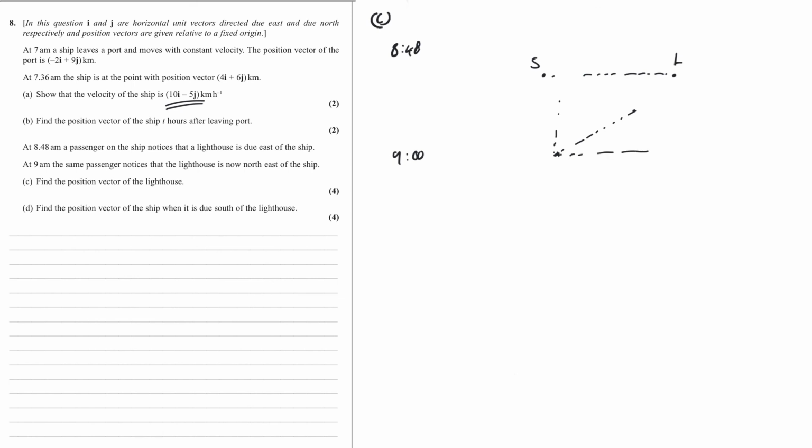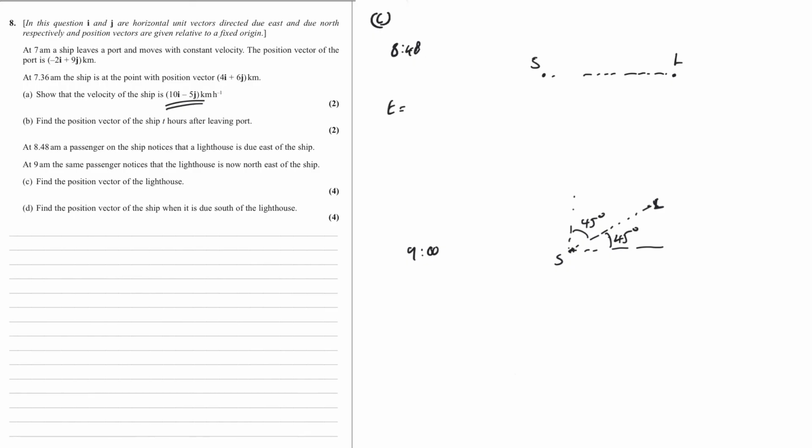So it's worth thinking, northeast is going to be at 45 degrees there, however you want to think of it. Obviously, due east is just directly along the i part.